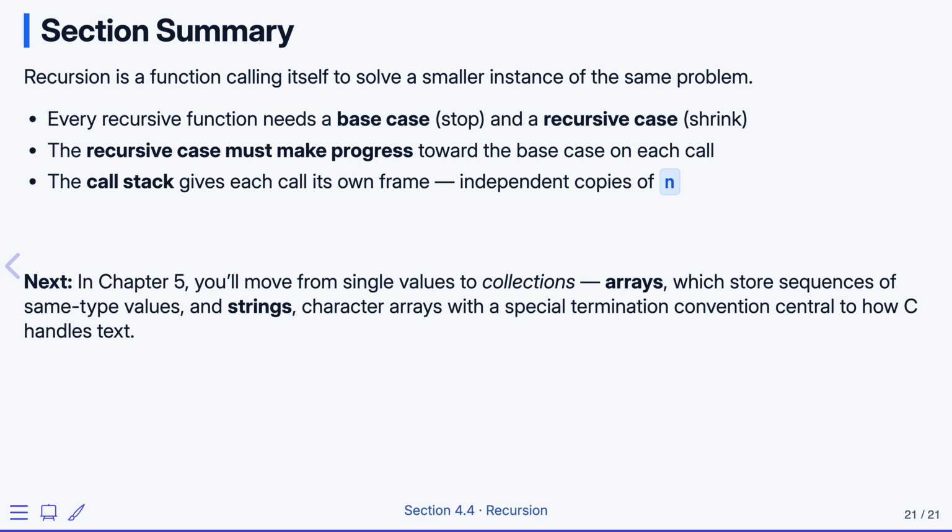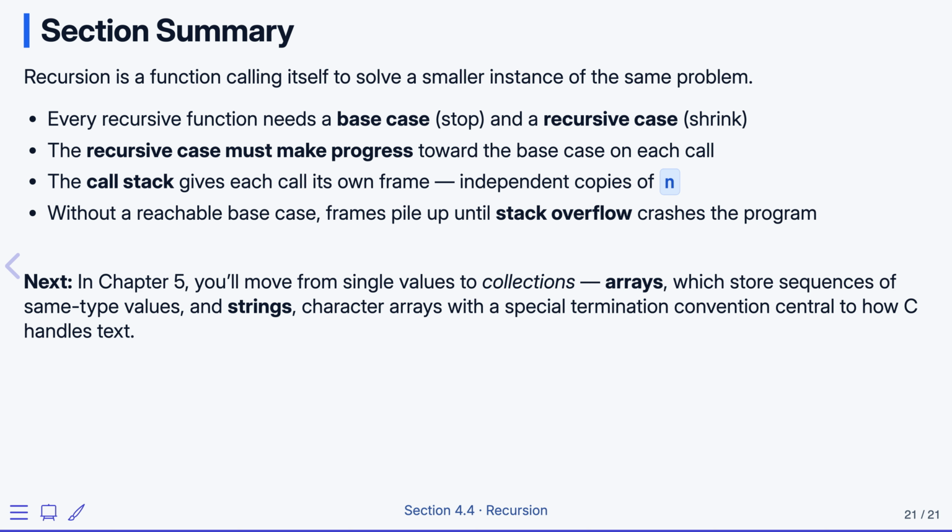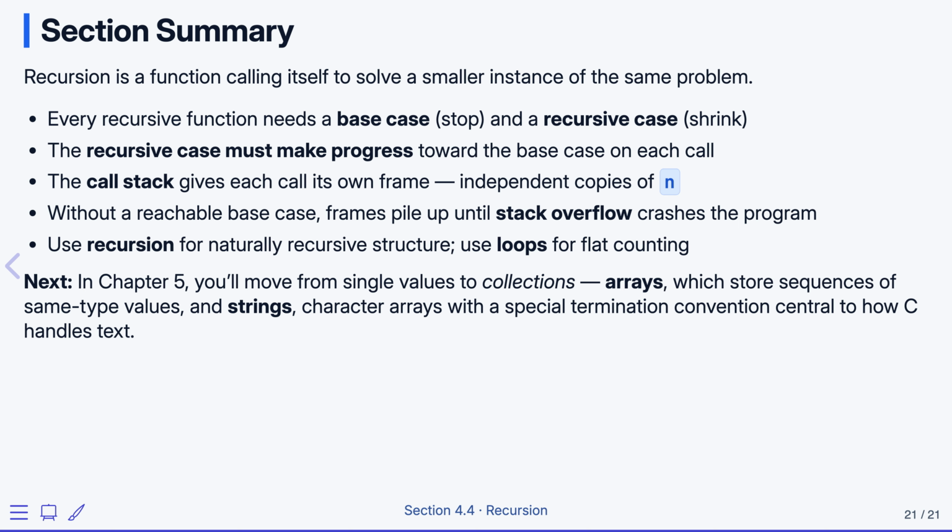The call stack gives each call its own frame, with independent copies of n, which is why the calls do not interfere. Without a reachable base case, frames pile up until a stack overflow crashes the program. And remember, use recursion when the problem is naturally recursive, and use loops for flat counting.